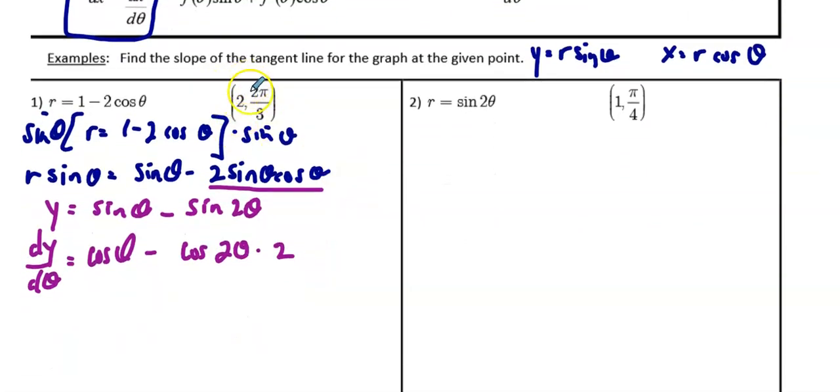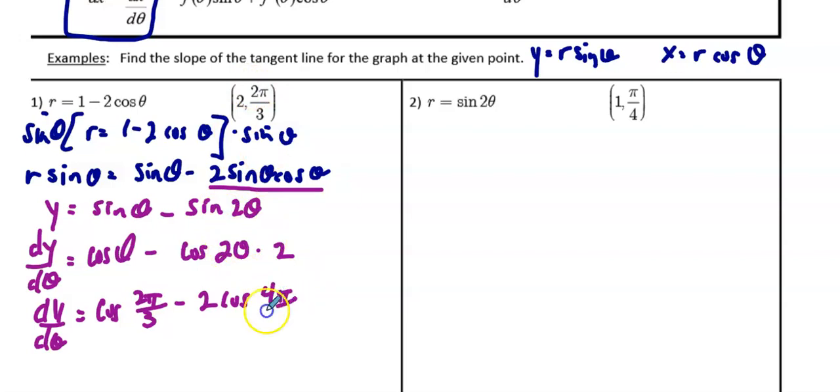I already know what theta is here, so I can plug in for my function: cosine of 2 pi over 3 minus 2 cosine of 2 times 2 pi over 3, which would be 4 pi over 3. The cosine of pi over 3 is 1/2, but in this particular quadrant, quadrant 2, it's going to be negative 1/2.